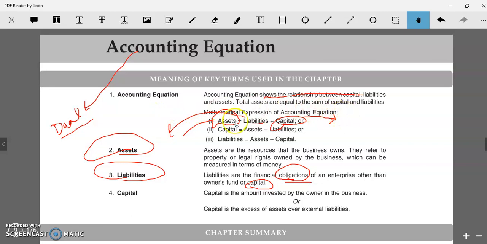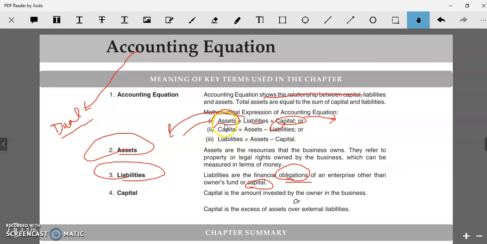Then we did your accounting equation: assets equal to liabilities. Then we divided liability into two parts, because our liability is our financial obligation, and it can be your own obligation. If you are putting your money into business, that would be called capital, but a liability for the business is, if you are taking a loan from banks or purchasing goods on credit. So we know the different kinds of liabilities.